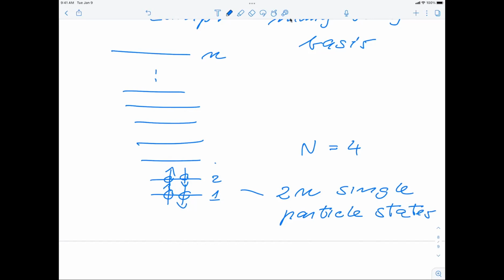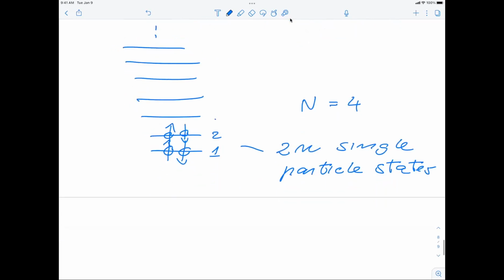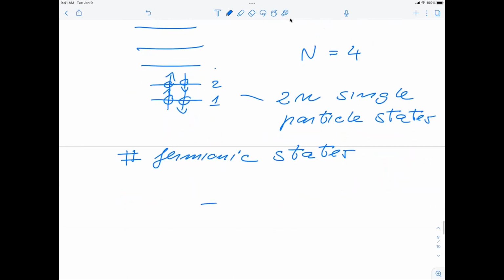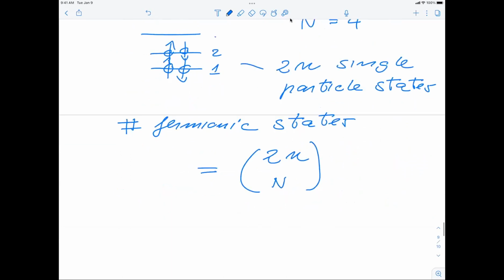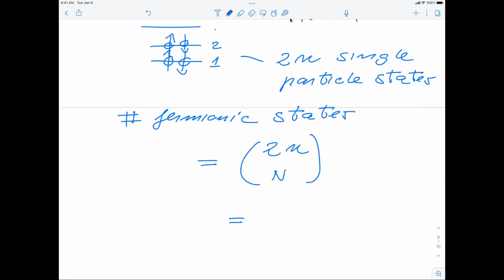Okay, so the total number of ways you can distribute these 4 particles, the total number of fermionic configurations you can make, fermionic states, we also call them configurations, is going to be given by the binomial factor of 2n with the number of particles. This is just plain statistics.